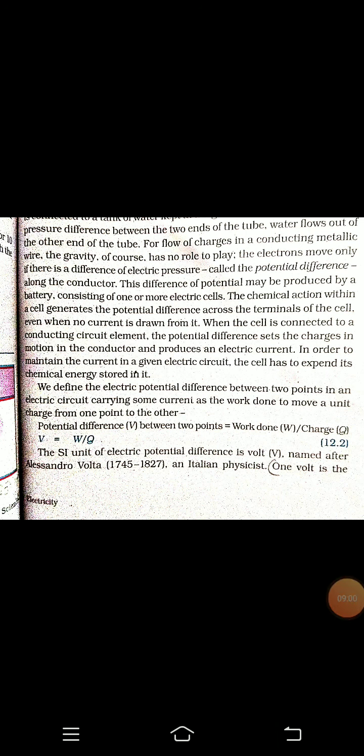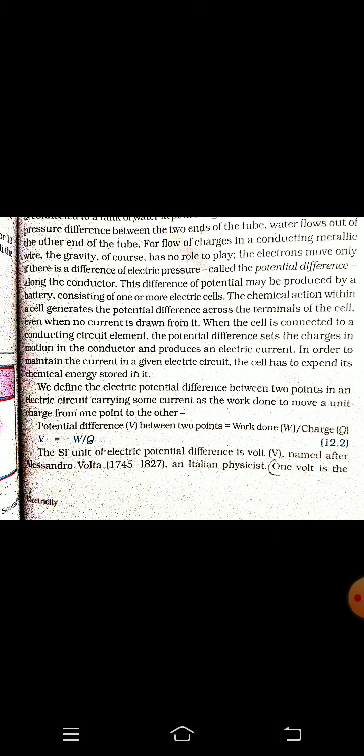Now, keeping this equation V is equal to W divided by Q in mind, we can define the meaning of 1 volt. 1 volt means 1 volt potential difference between two points in a current carrying conductor when 1 joule of work is done to move 1 coulomb of charge from one point to another point.